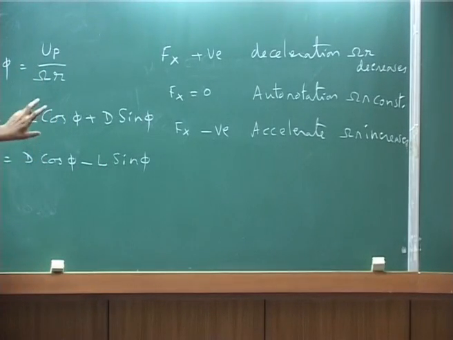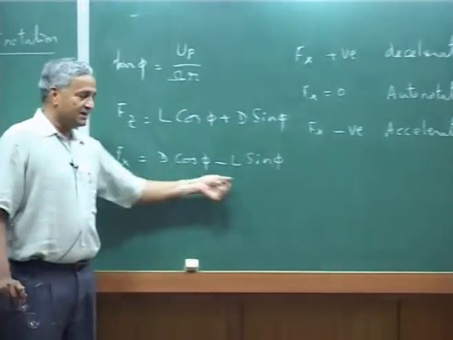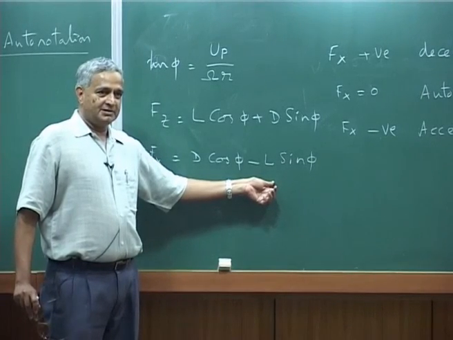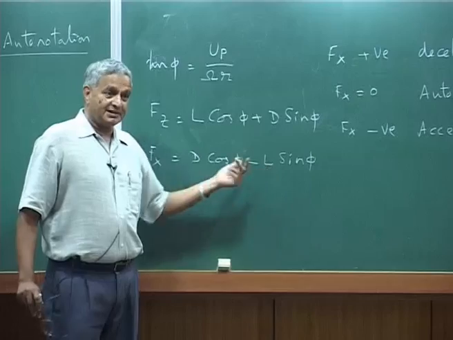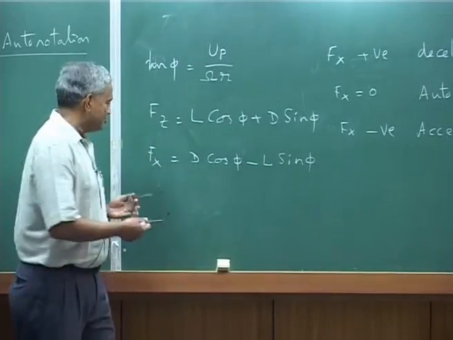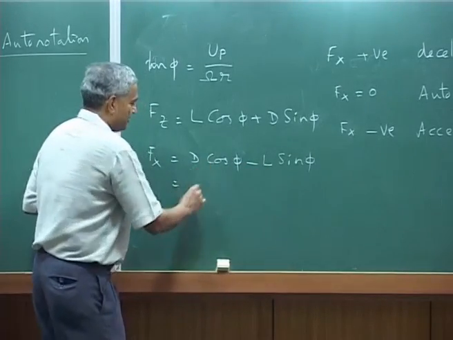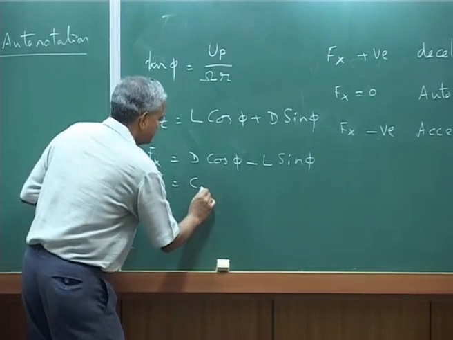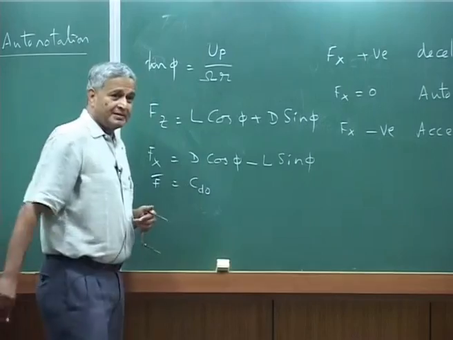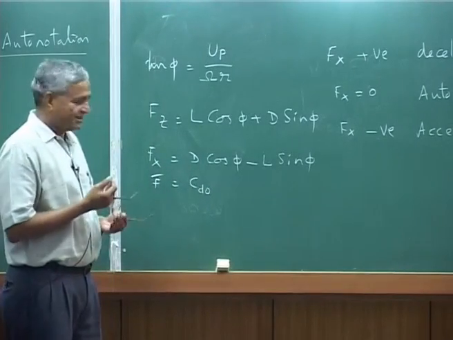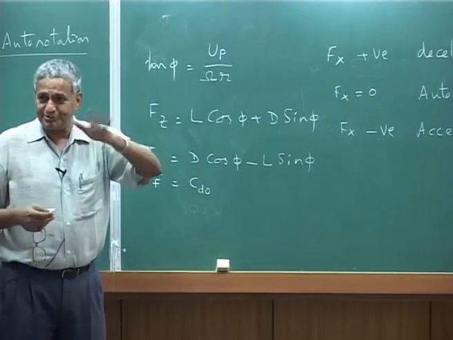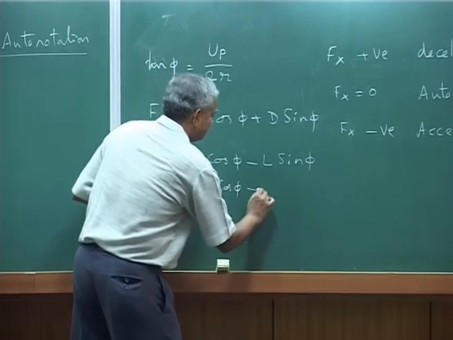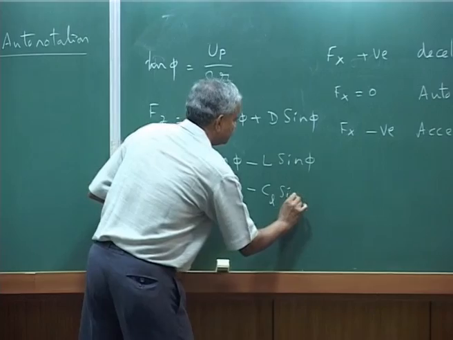But this we will relate in terms of coefficients rather than D and L, because you can write this as F bar x, you can take CD naught, because half rho V square chord is thrown out. So, CD naught cosine phi minus CL sin phi.